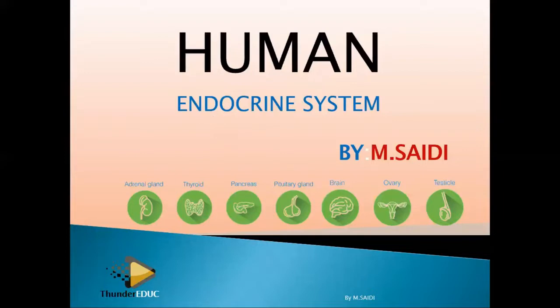So the endocrine system is a system inside our body, and it is responsible for secretion of substances. So basically that's the meaning of endocrine. These are glands responsible for secretion of substances, and these substances we are talking about are hormones.